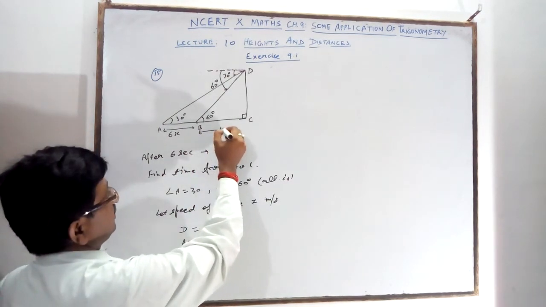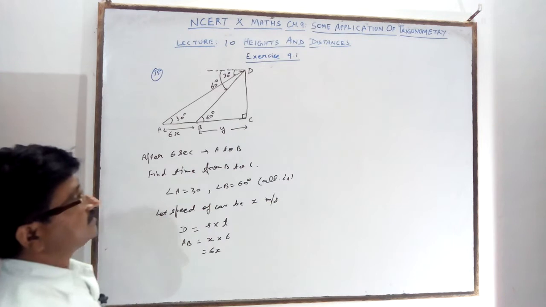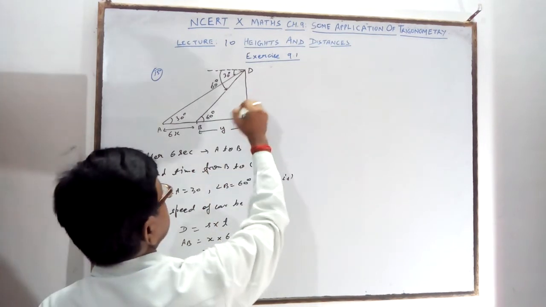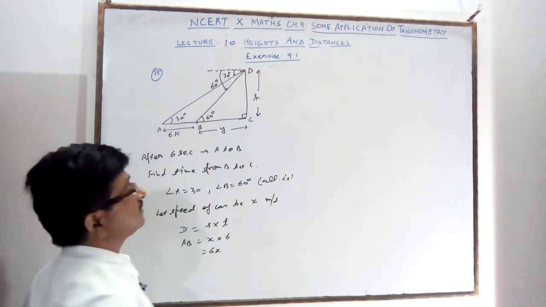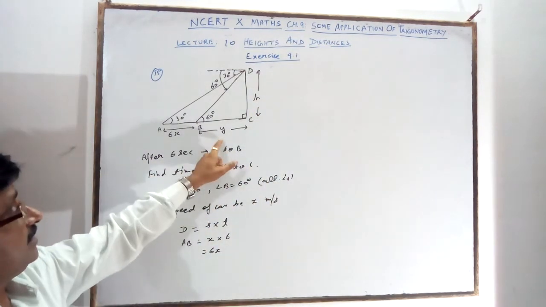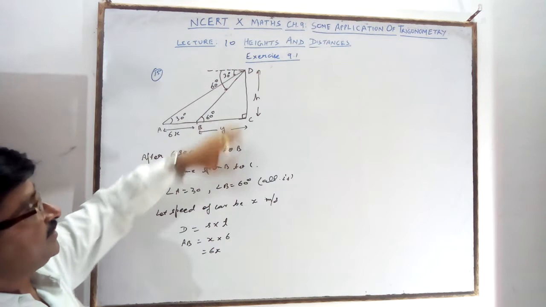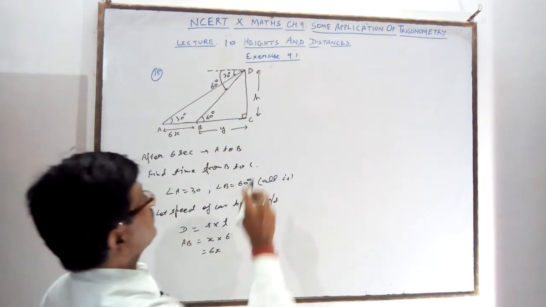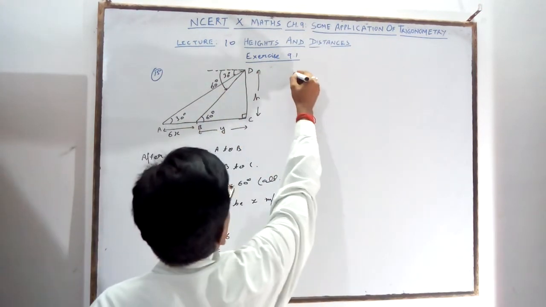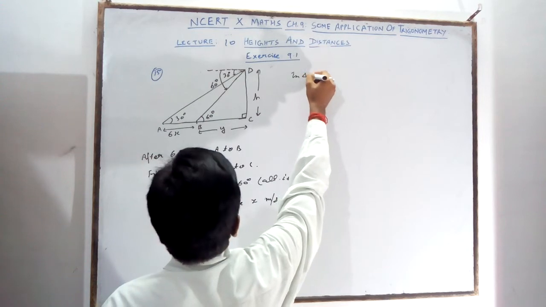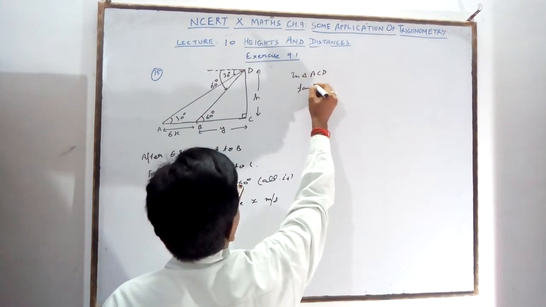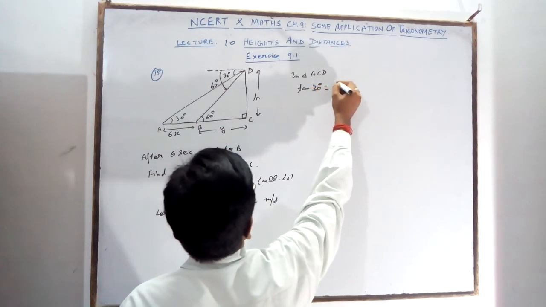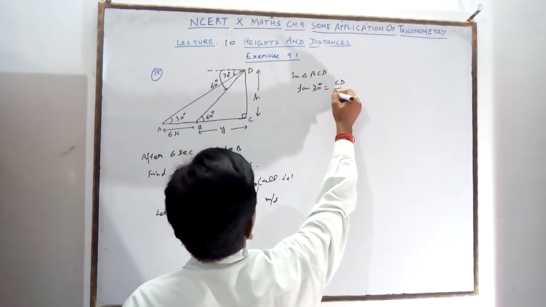You want to find this distance y. If you find y and divide that distance by the speed, you get the time. So in triangle ACD, tan 30 degrees is equal to CD upon AC.